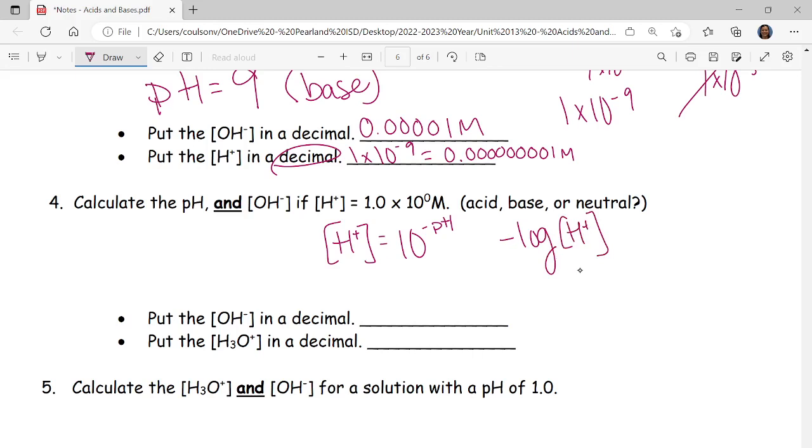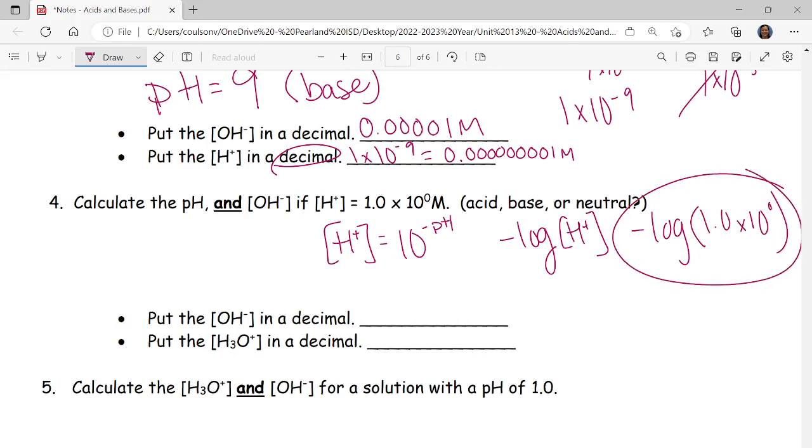So you'd plug into your calculator the negative log of 1.0 times 10 to the 0. So if you have your equations and actually know how to plug them in, you're not going to get confused on this stuff. I think what's confusing is that these are all so simple you can do them in your mind. So your pH is what? 0. Okay, thank goodness.